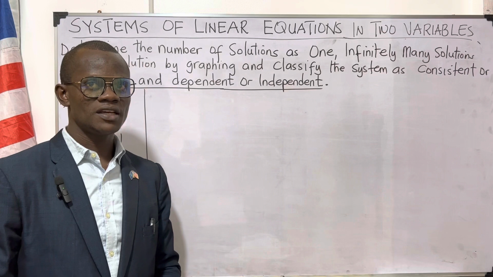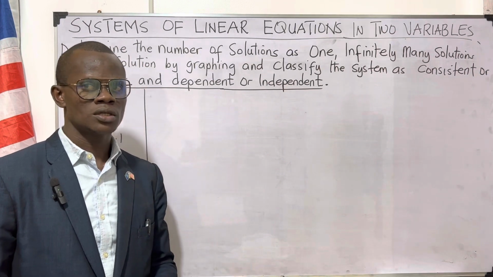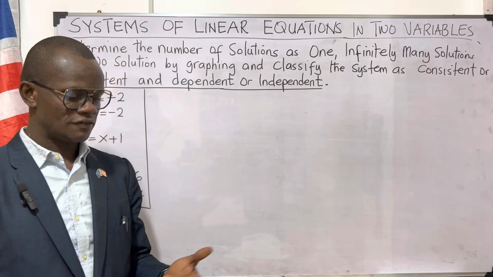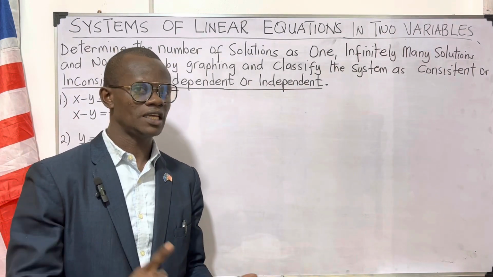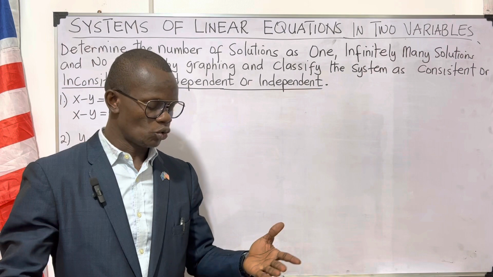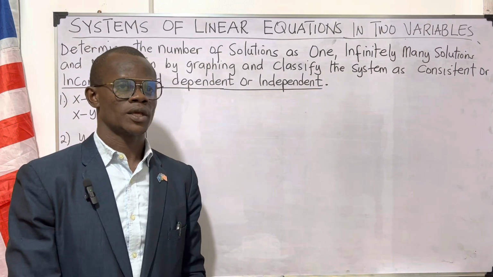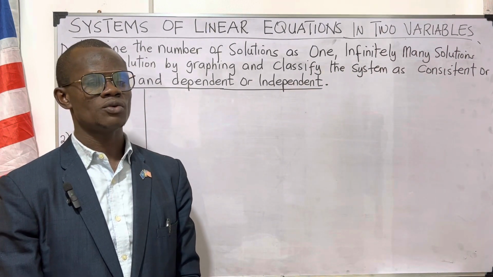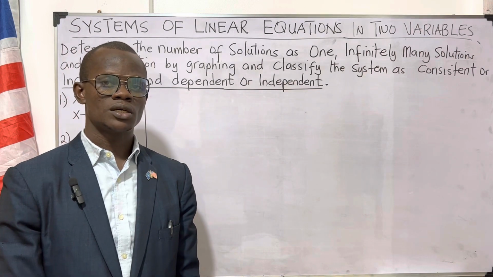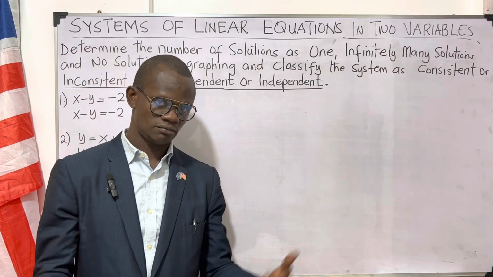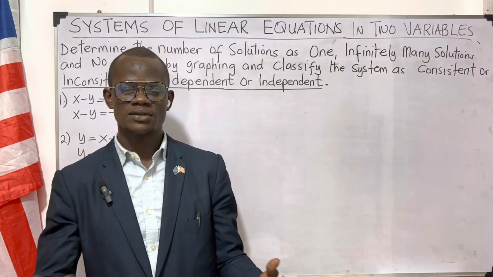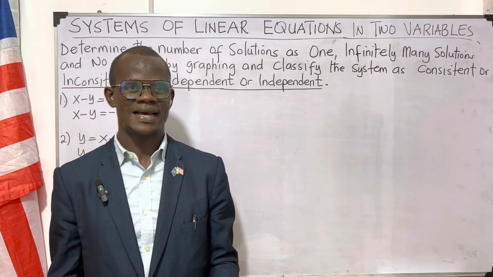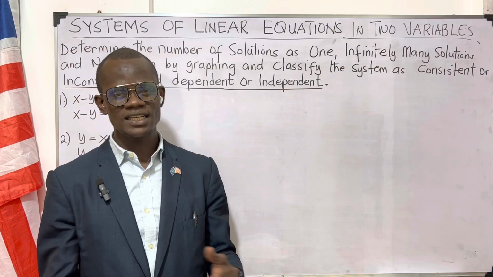When you are given a system of linear equations, most times you have either one solution, or infinitely many solutions, or no solutions. There are also cases wherein you have to determine whether the system of linear equations is consistent or inconsistent, or dependent or independent.